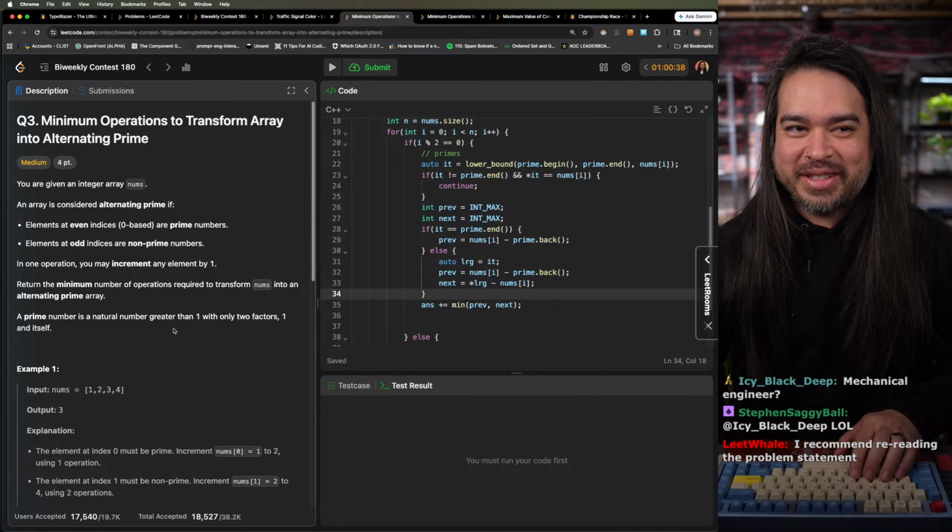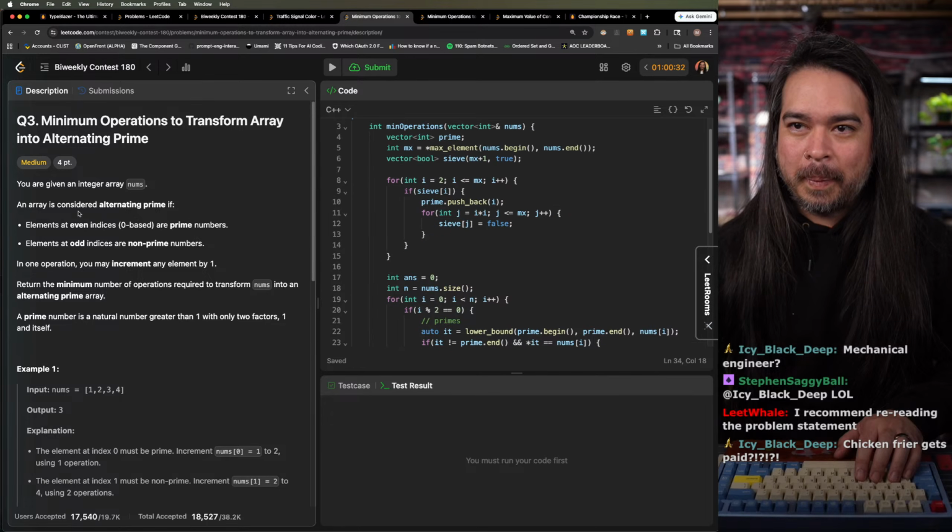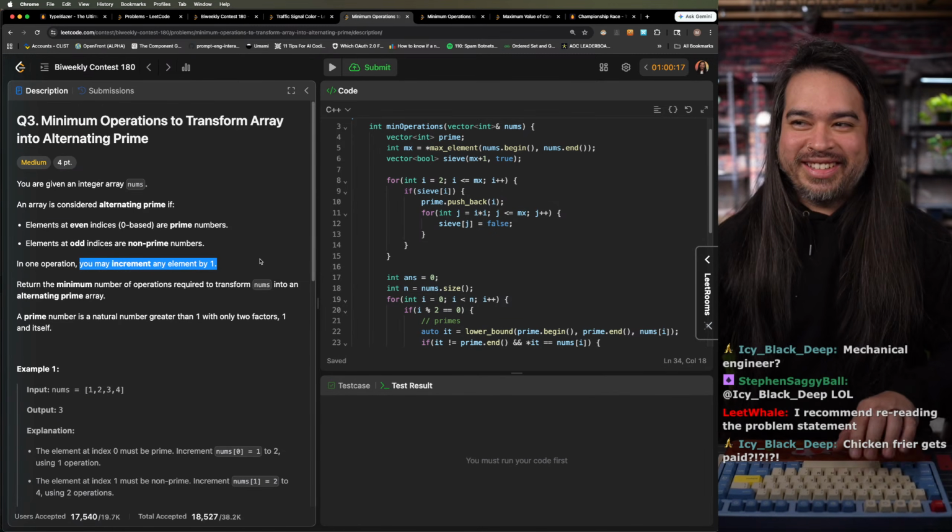Wait, LeetWhale says, I recommend rereading the problem. Hold on. Tell me I'm doing something silly. Non-prime. In one operation, you may increment any, increment only.